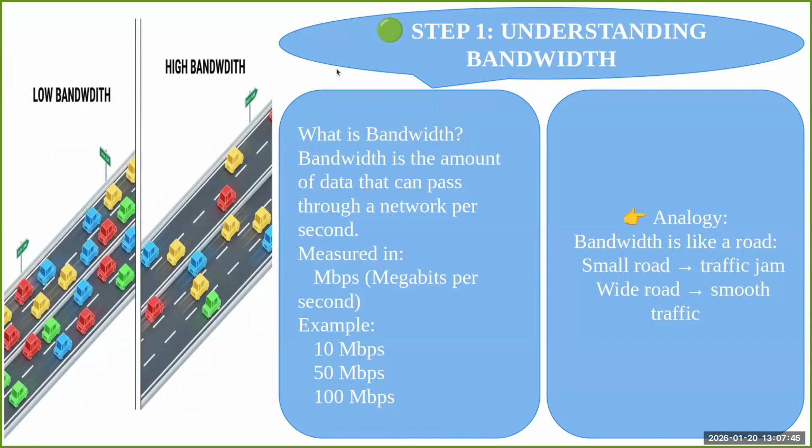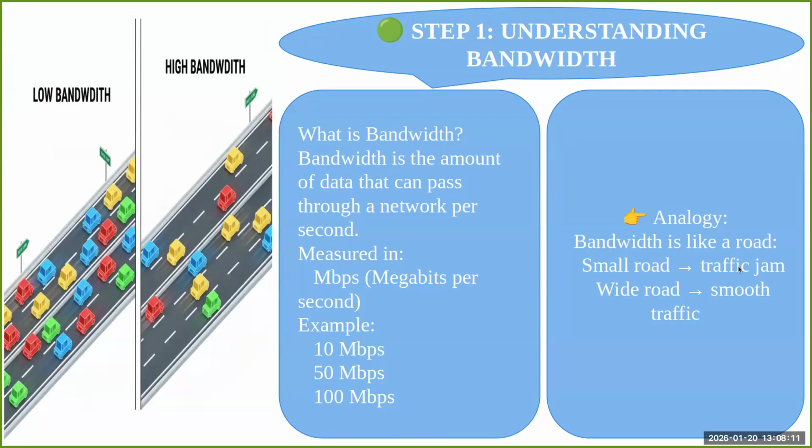What is bandwidth? Bandwidth is the amount of data that can pass through a network per second. It is measured in Mbps, megabits per second. Example, 10 Mbps, 50 Mbps, 100 Mbps. And that's how internet is rated. So look at an analogy here. Bandwidth is like a road. Small road will cause traffic jam.